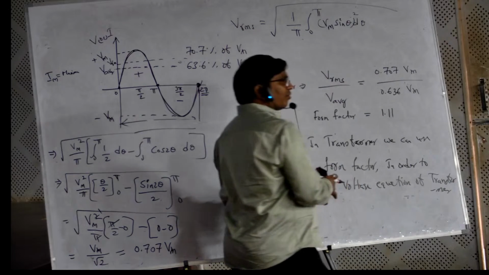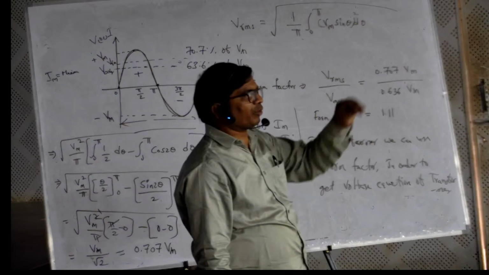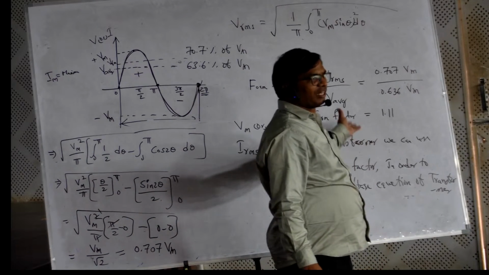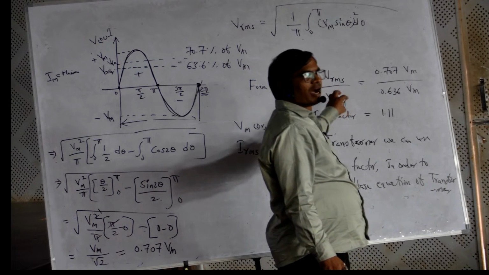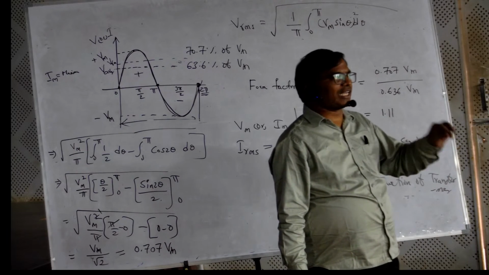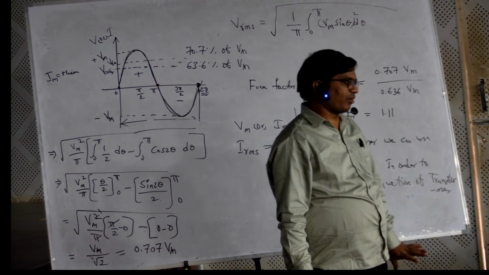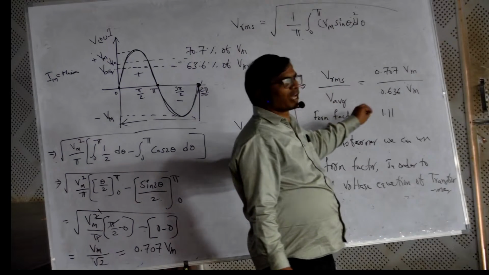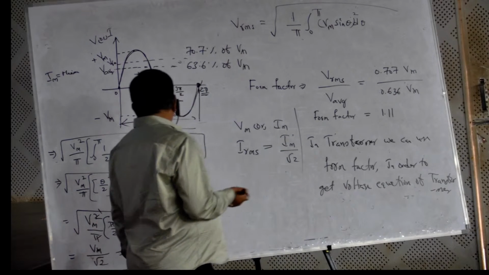Not only here, we can use it in different places, but with respect to your syllabus you can use it here. Why? Because in the syllabus you have the transformer. Form factor is 1.11. Now the other one is peak factor.